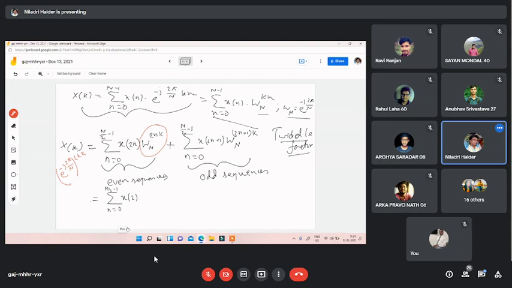So we can write that 2 here: N by 2, e to the power minus j 2 pi by N by 2 into nk. Can we write that? Yes, sir. So if this is your WN, what will be this value?